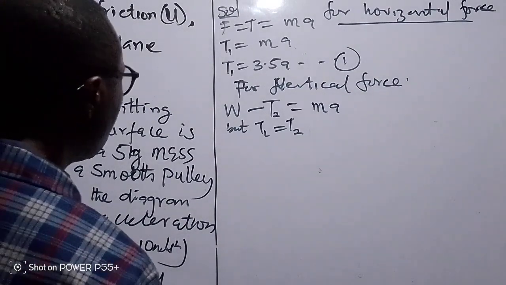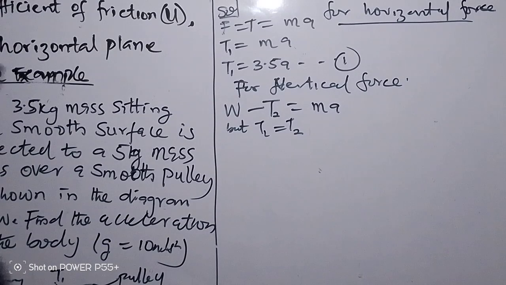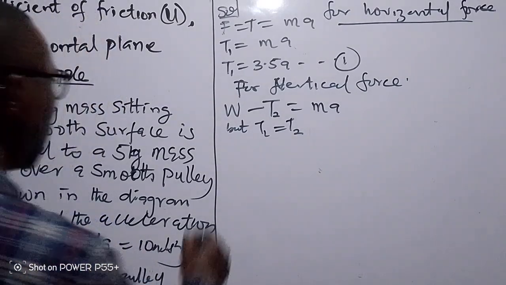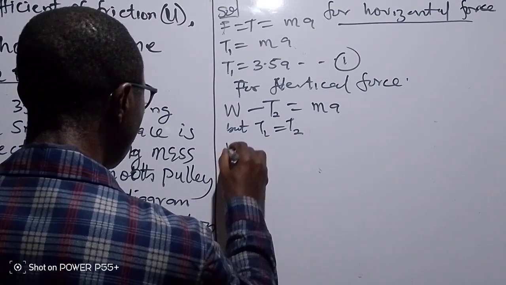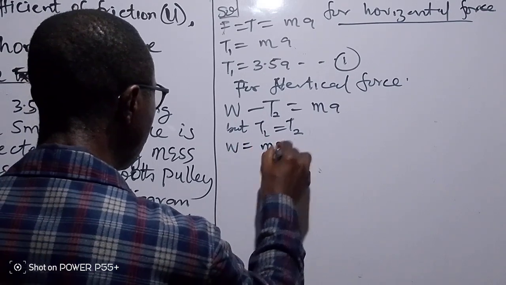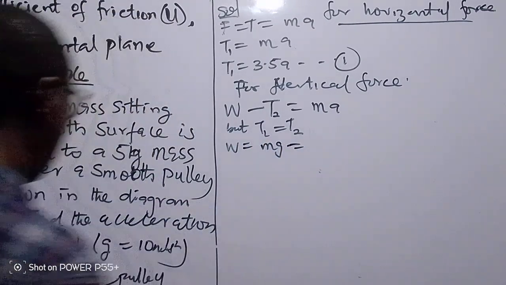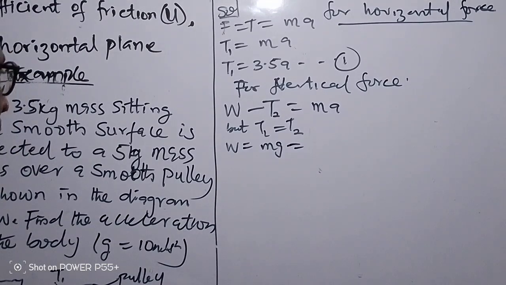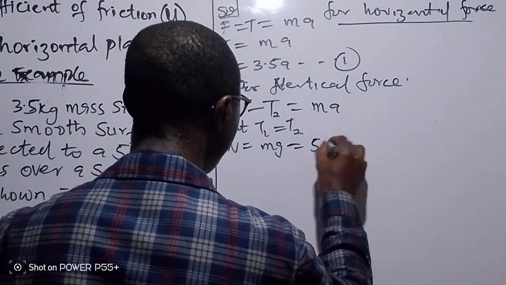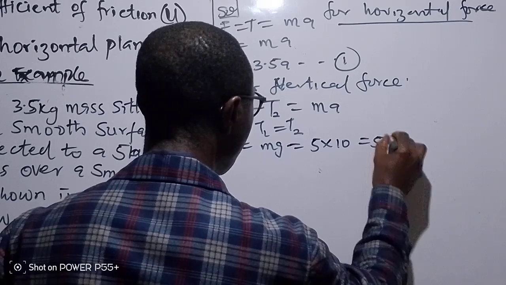So if that is the case now, we are going to have our W is equal to mg. And that will be, for this part, 5 multiplied by 10, which is equal to 50 Newton.